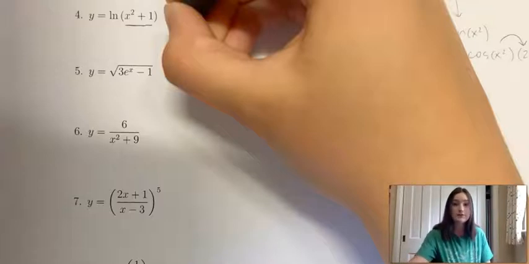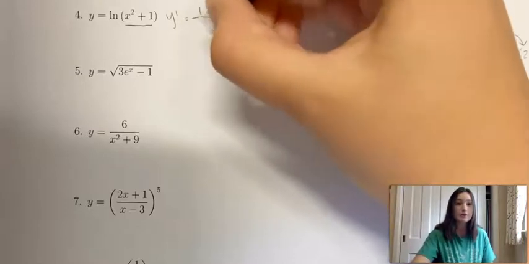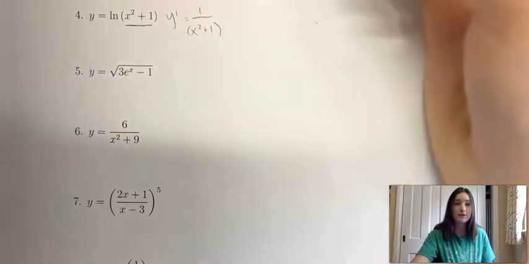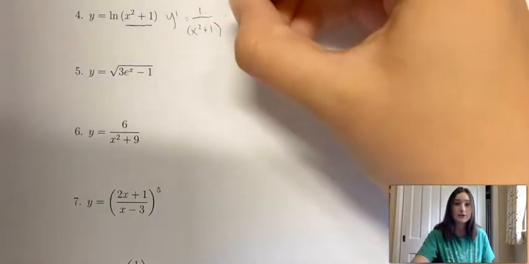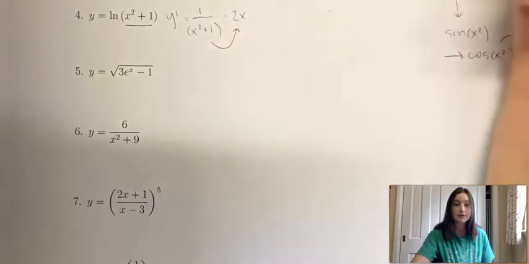So I underline the inside function, it's in parentheses again, which makes it easy to recognize, and that's going to be y prime equals 1 over g of x, which is x squared plus 1, and then I've got that arrow pointing to the derivative of the inside function, which is going to be 2x. So remember, we've got f prime of g of x times g prime of x, the g of x being x squared plus 1, because that's the innermost function.